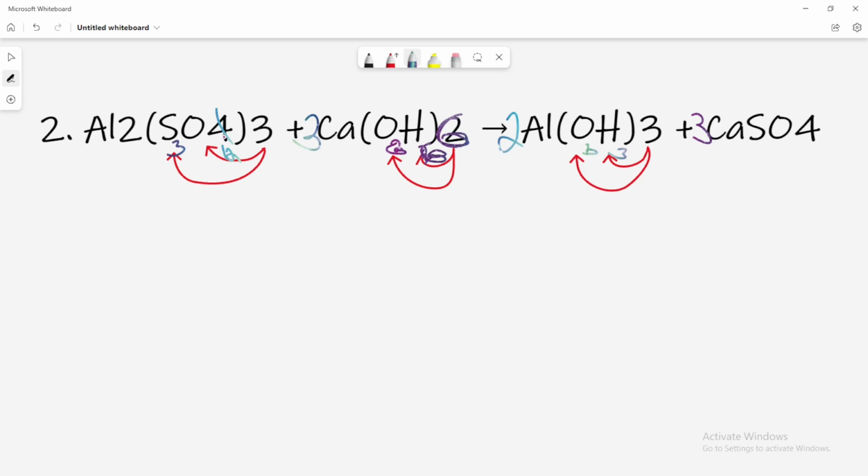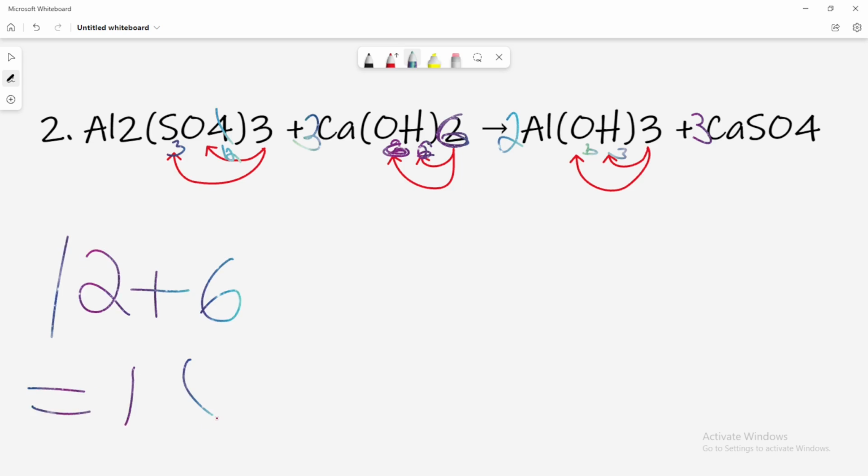Because of that, the oxygen here has now become 12. 12 plus the oxygen in here, which is 6. Couldn't erase it, but yeah, that's 6. So now 12 plus 6 equates to 18.